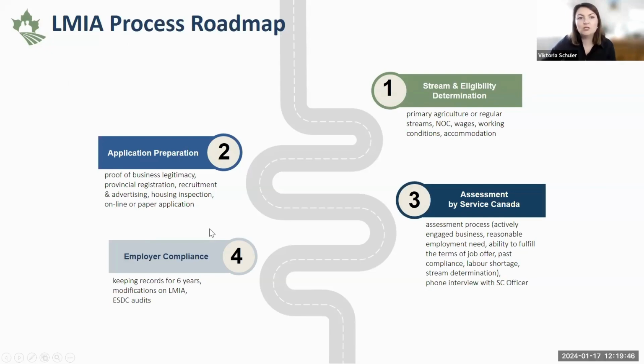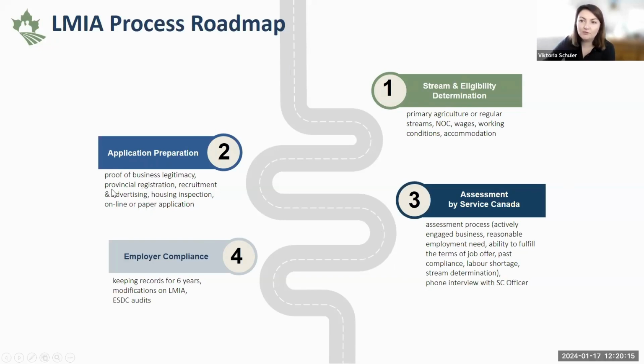As part of the application process, you will also be required to do recruitment and advertising activities, especially if you're hiring not in primary agriculture. For primary agriculture, a housing inspection is required. Depending on where you are, sometimes employers need to wait for weeks before the inspector can come. Then there's the online or paper application, but right now 99% of the applications are online.